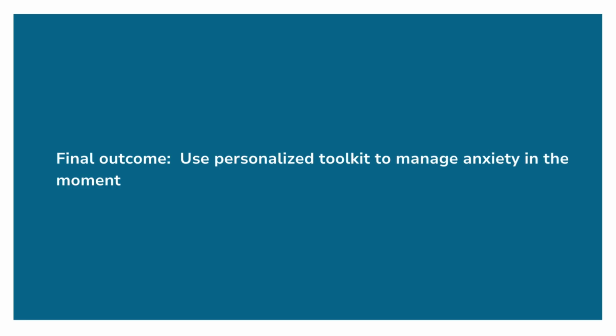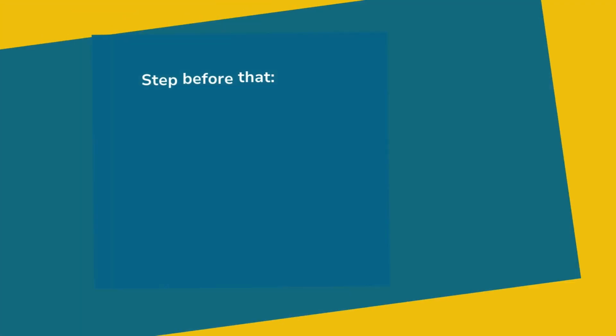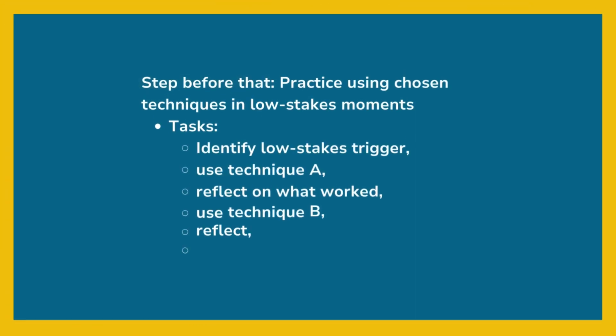So you would ask yourself, if you were designing this course, what is the step right before they have this toolkit and are using it? The step before that might be practicing using the chosen techniques in low stakes moments, right? So then you ask, all right, what are the things that they need to do in order to be able to practice chosen techniques in low stakes moments?